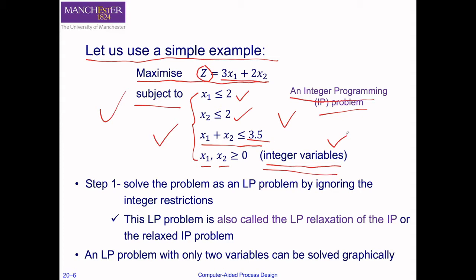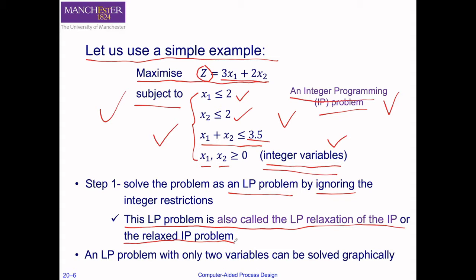If these integer restrictions are removed or ignored, then x1 and x2 are non-negative and continuous from 0 to positive infinity. By doing this, this integer programming problem becomes a linear programming problem. This linear programming problem is also called the linear programming relaxation of the integer programming problem, or the relaxed integer programming problem.